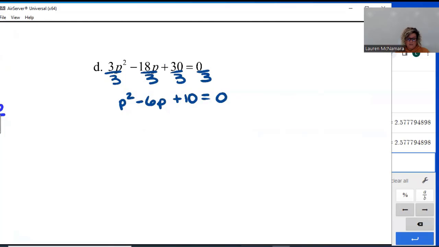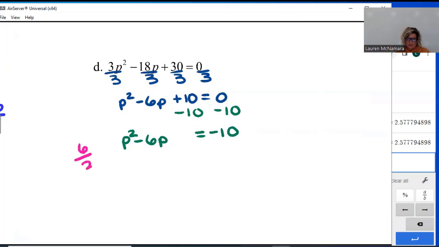Just subtract 10 from both sides. P squared minus 6p, leave a space, equals -10. What are you going to fill that space in with?